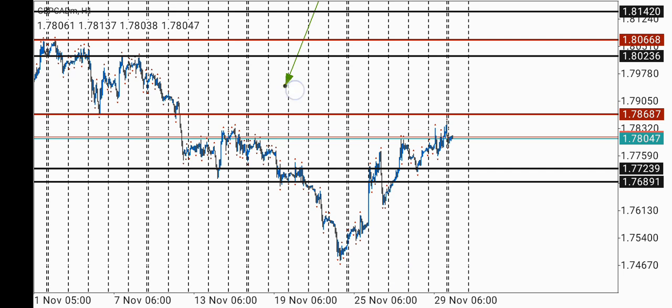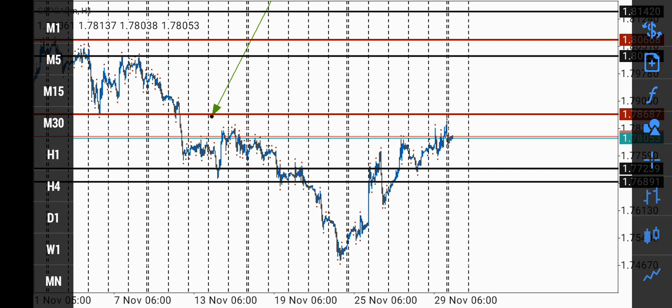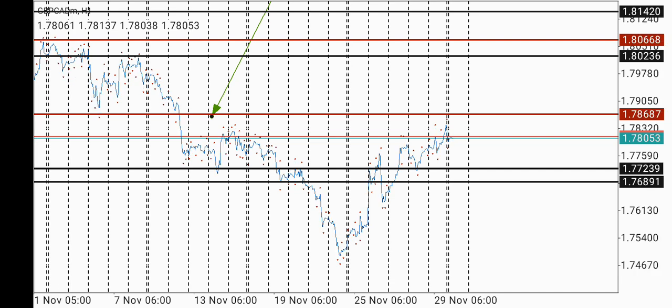Then you see that what price did was break through our previous weekly low, and once it broke it, some people alerted me that price had broken here. So I told them to wait for a retest.